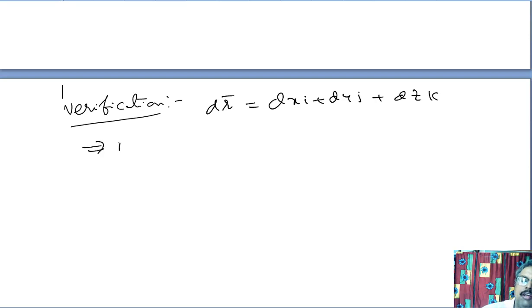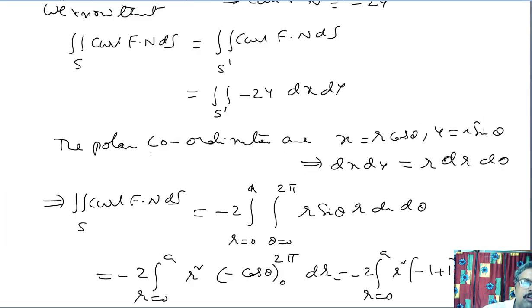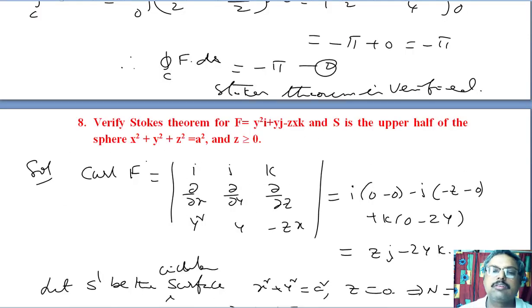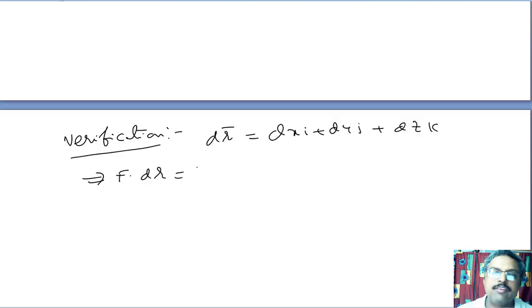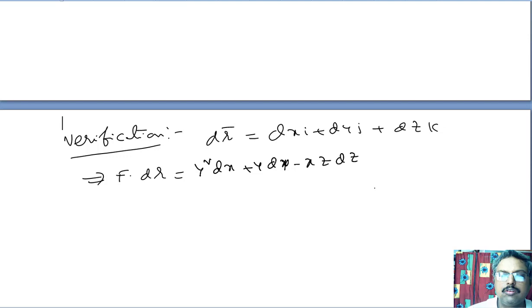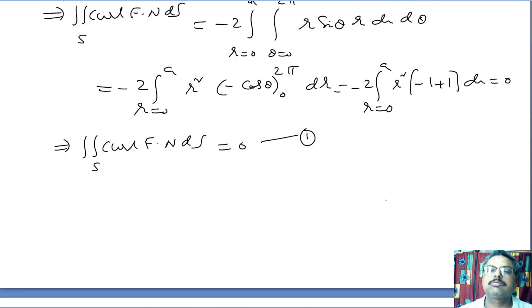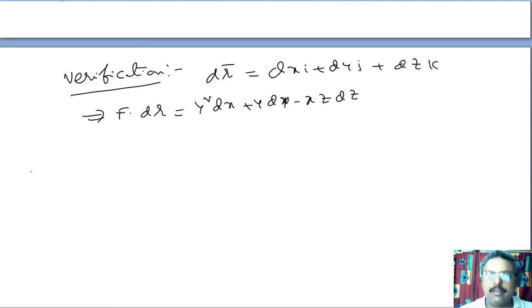F dot dr equals y square dx plus y dy plus xz dz.